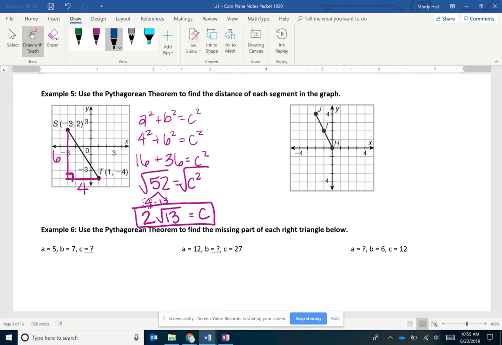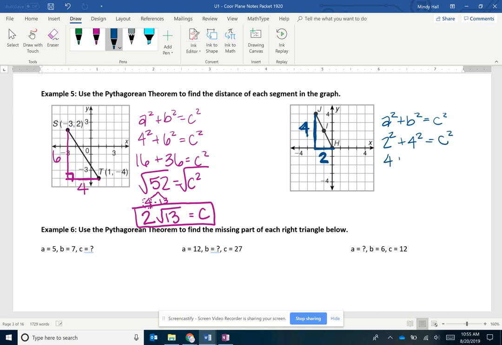For the next one, if I want to find the length of JH, again, drawing that in. Counting, we have a length of 2, and this leg is 4. So to find my hypotenuse, we use Pythagorean theorem. This can be used anytime, and you're going to use it a lot in geometry because we talk about triangles a lot. But this can only be applied to right triangles.